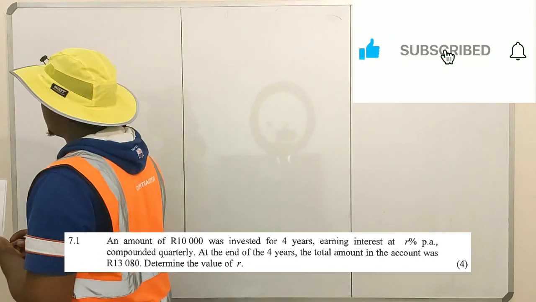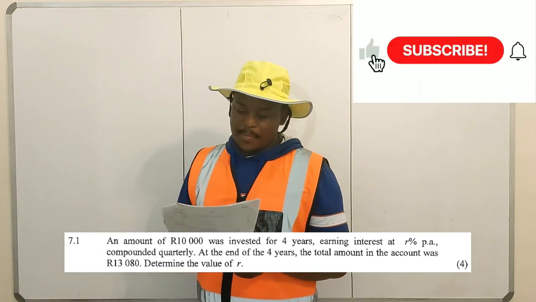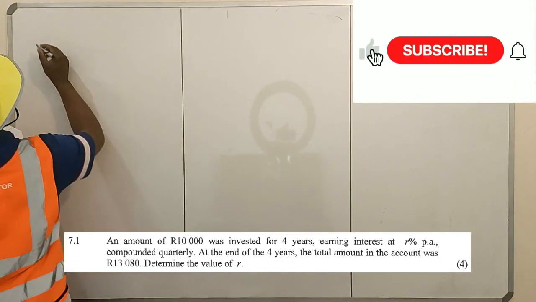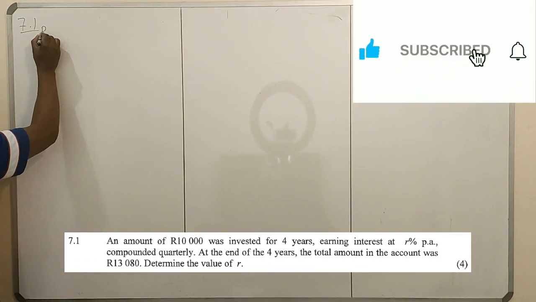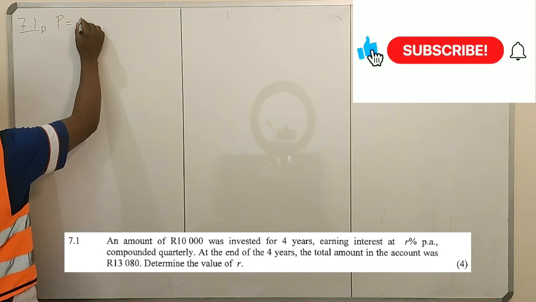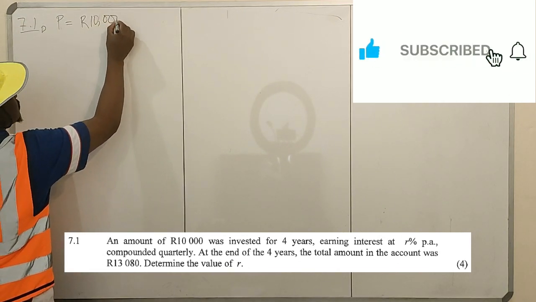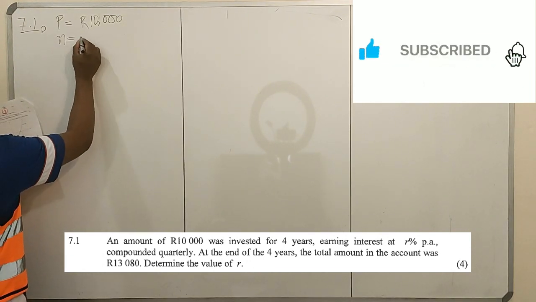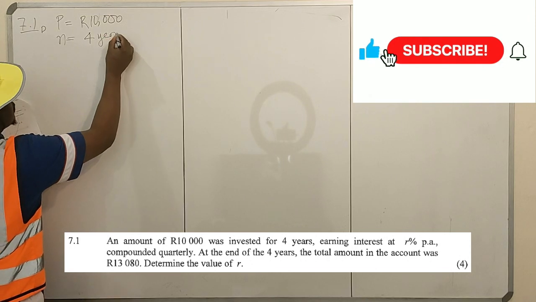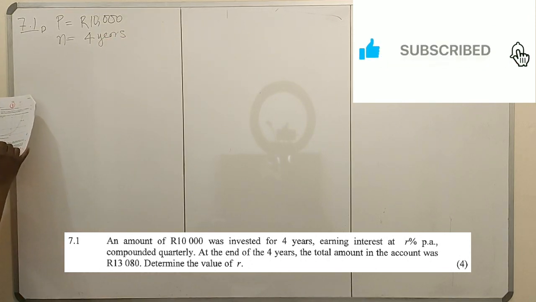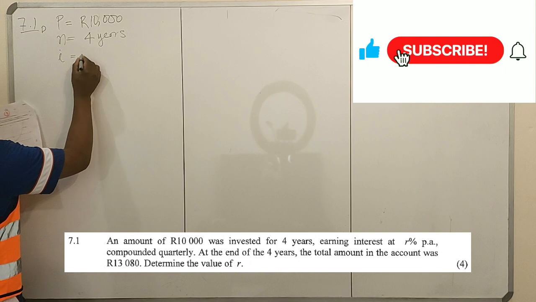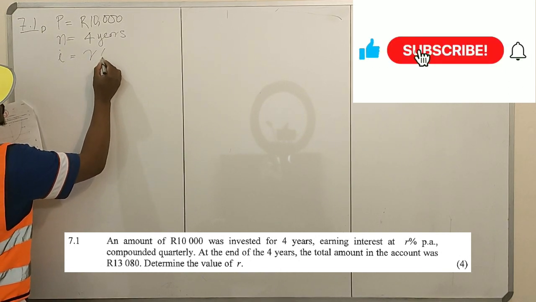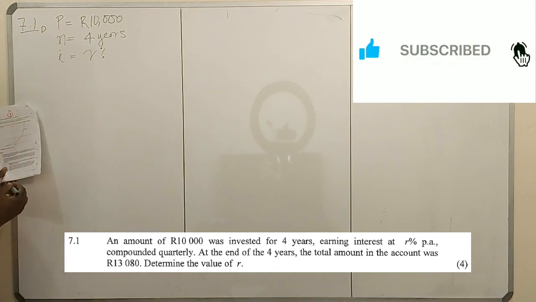So here you are told that an original amount of 10,000 rands was invested, which is your principal amount. It was invested for a period of 4 years, at an interest rate of R% per annum, compounded quarterly.